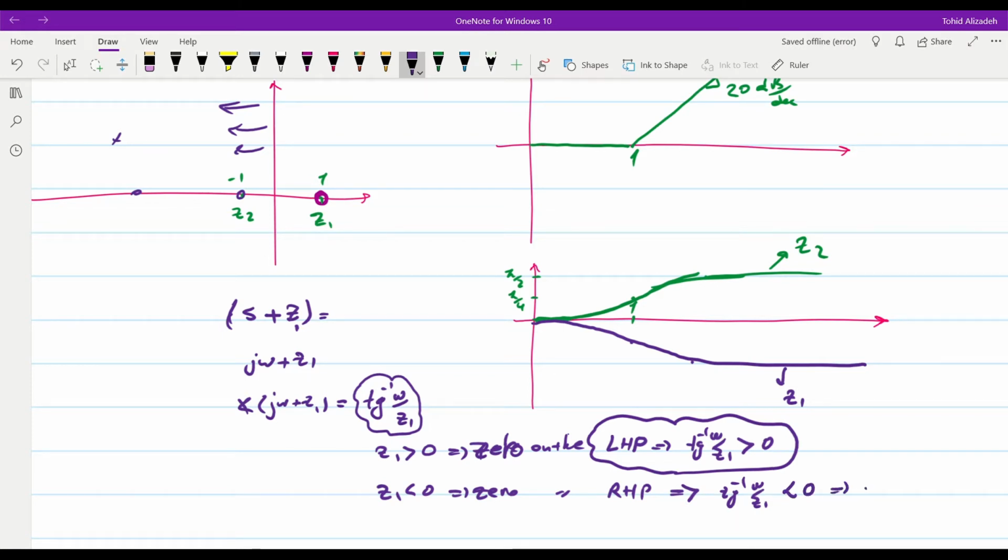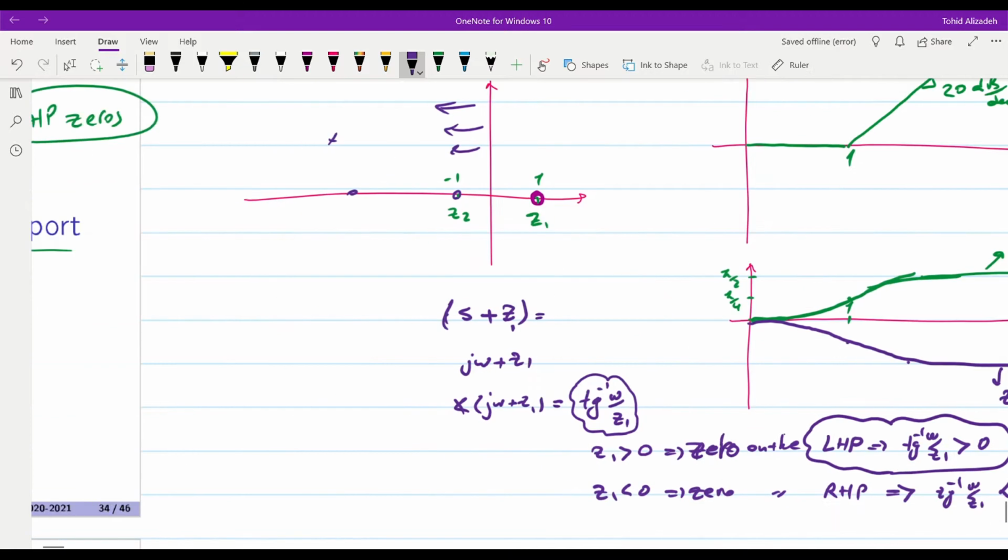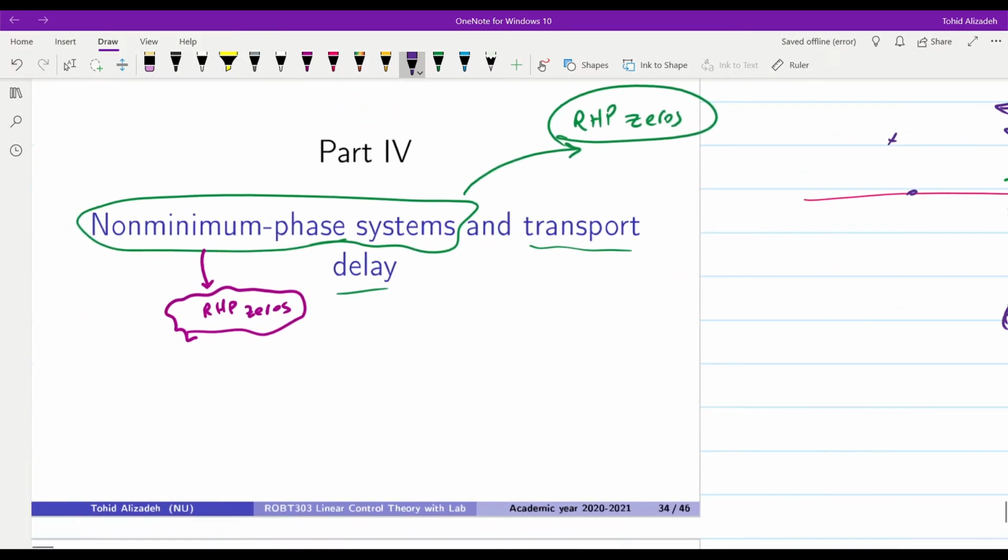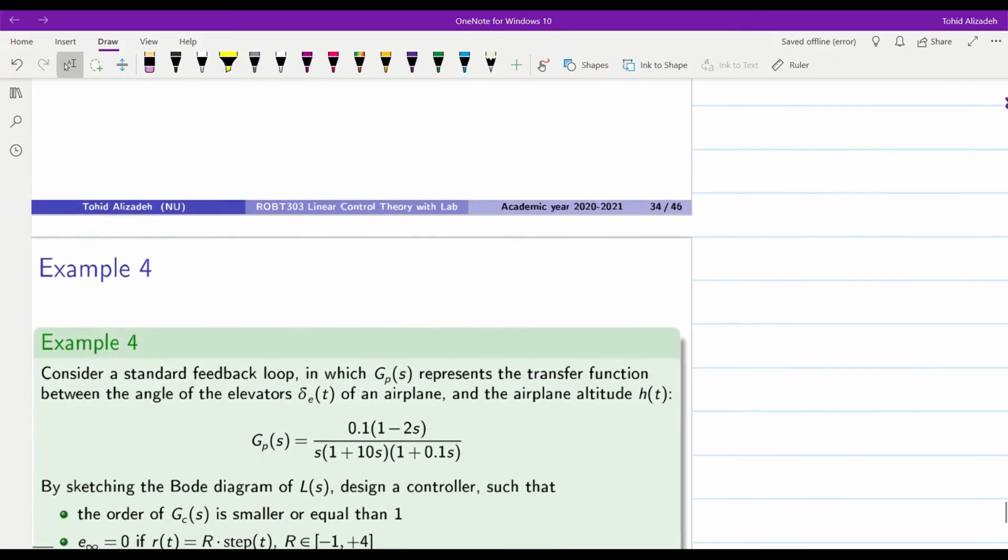So this is what we have for non-minimum phase systems. The phase of the system will get bigger and bigger towards the negative values. And this will make designing the controller more difficult. Let's see here through an example how this happens.